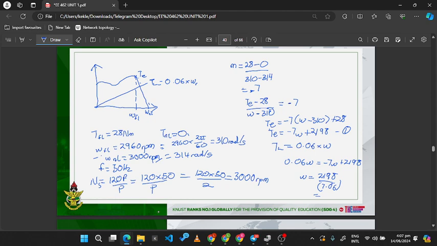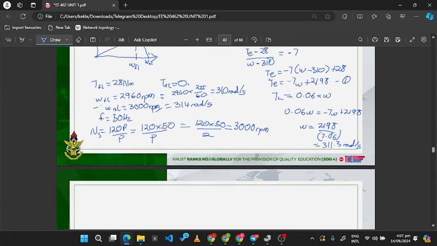That gives me 311.3 radians per second. And I think the final answer is supposed to be in RPM, so you can convert that back to RPM.